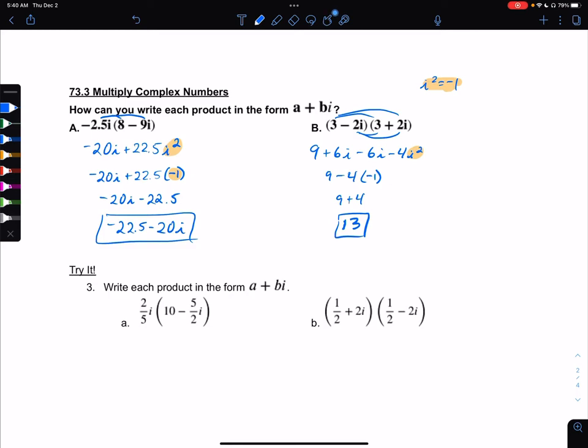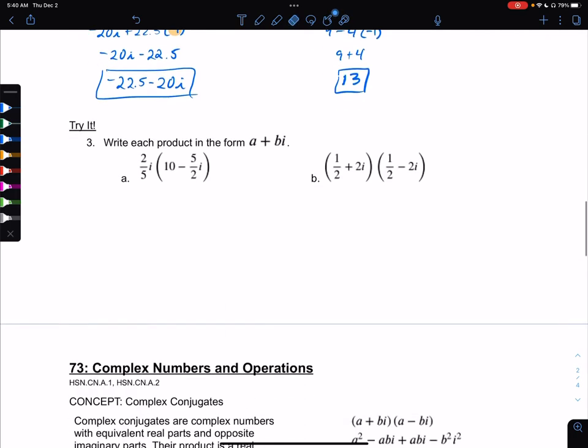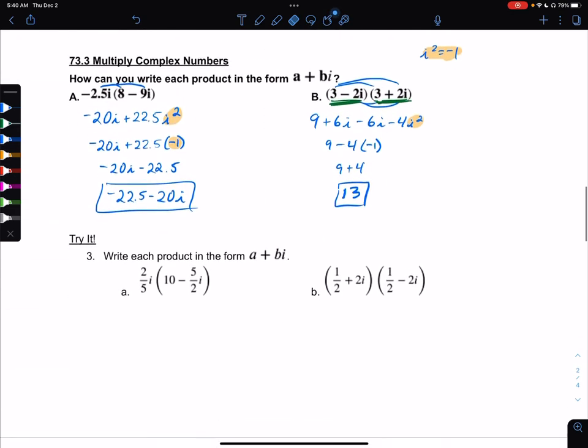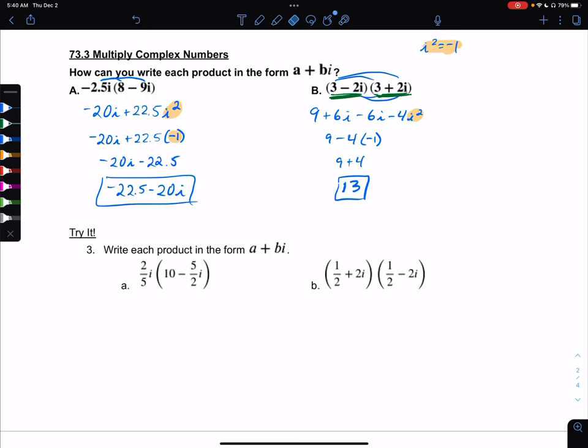What you're going to see is these two groups here, this 3 minus 2i and 3 plus 2i, these are called complex conjugates. We'll get into a lot more detail in the next video, video 4, and we'll talk about what complex conjugates are and when they're useful and how we can use them to our advantage. But effectively what happens with complex conjugates is that your complex parts are going to drop out.